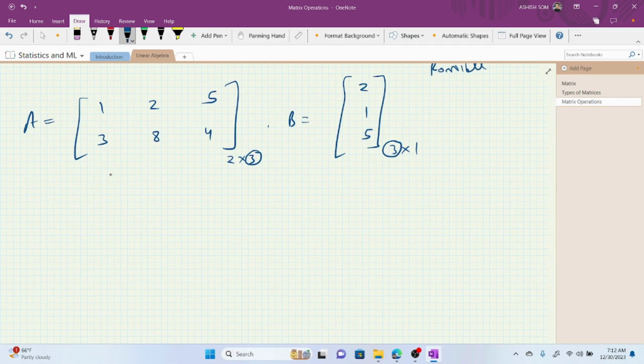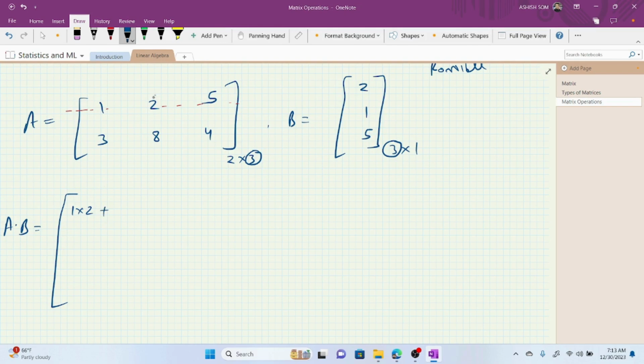Now how it is going to be done, let's understand. Let's say I want to do A dot B. It is going to be done like this. First of all, we have to select the first row. The first element of the first row, 1, will be multiplied with the first element of the first column. So we will say 1 multiplied by 2, plus.